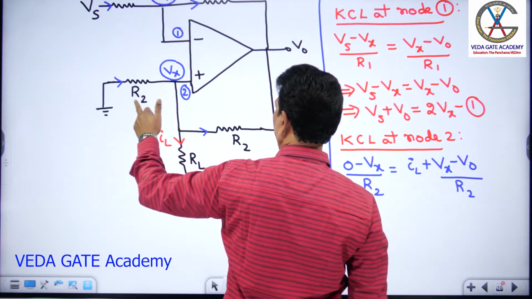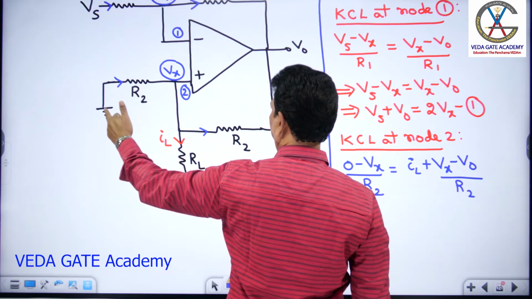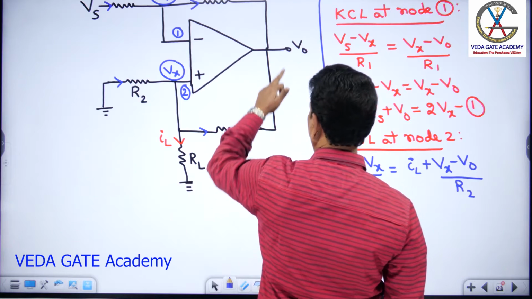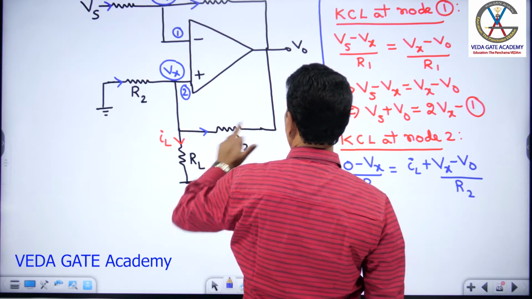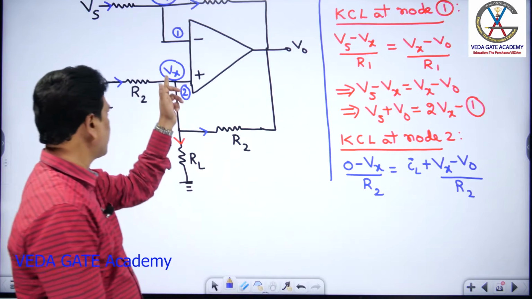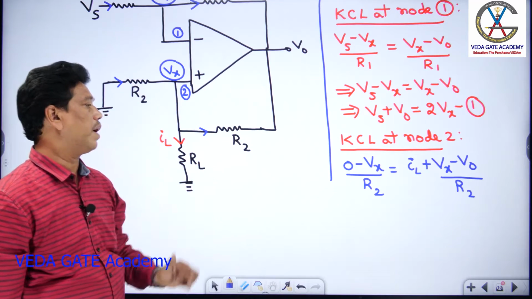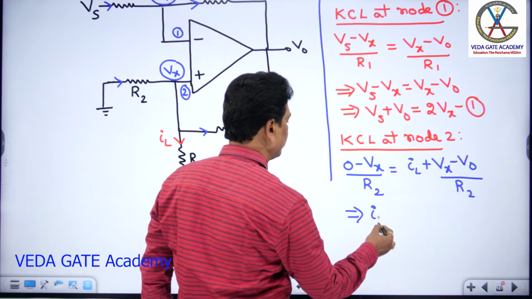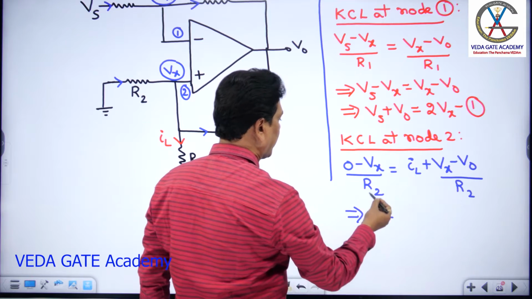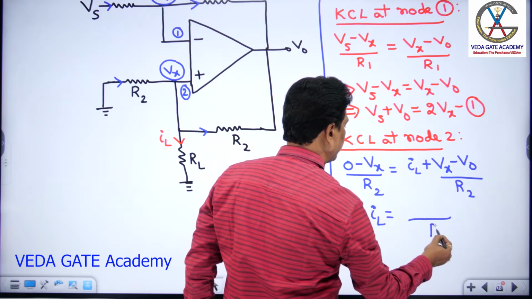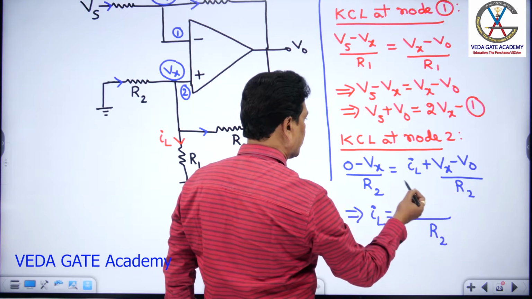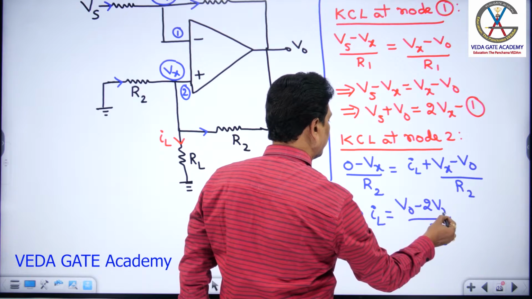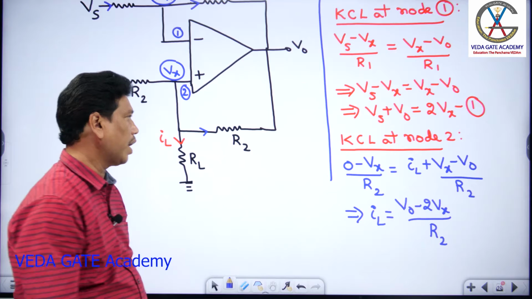So the incoming current is (0 minus Vx) by R2, outgoing is IL plus (Vx minus V0) by R2. Now I can rewrite IL equal to, take this one to this side and take R2 common, so you get V0 minus 2Vx by R2.